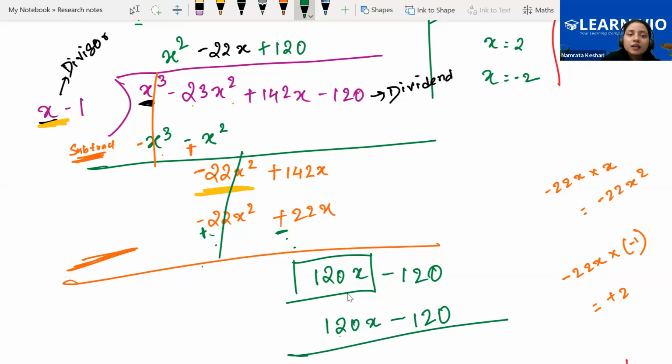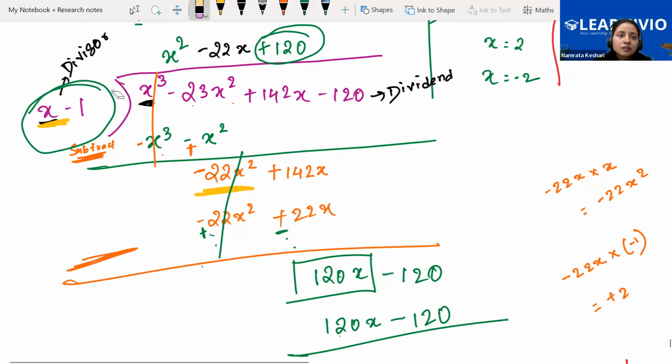Yes. Can you see it? Whatever we have written in the quotient, we multiplied with the whole divisor, and we got 120x minus 120. Any confusion to anyone?